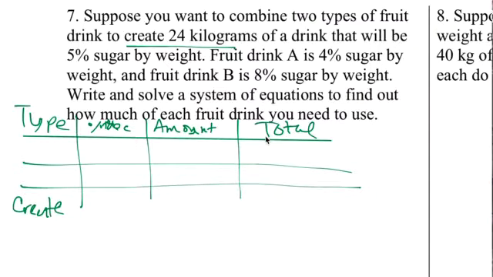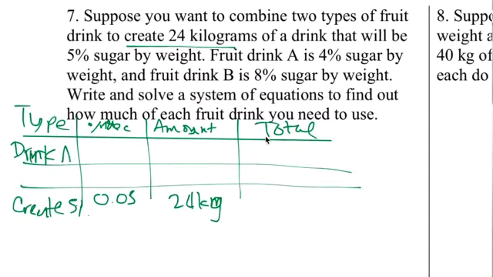You want to create 24 kilograms, that's the amount, of drink that will be 5% sugar, so 0.05 by weight. Drink A is 4%.